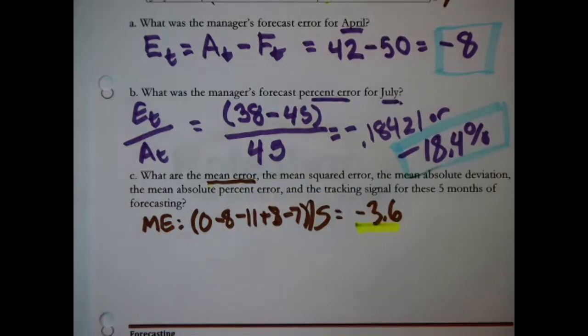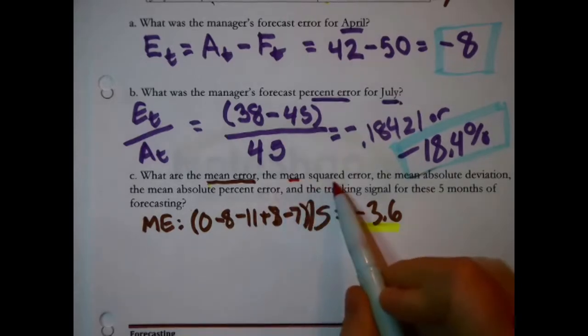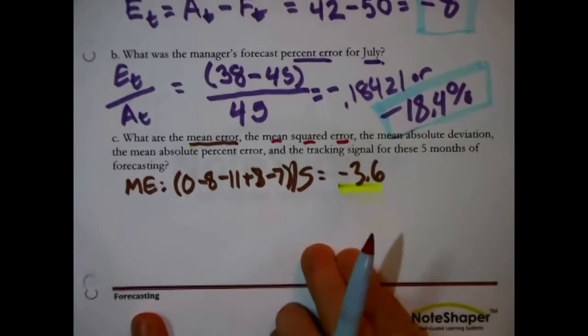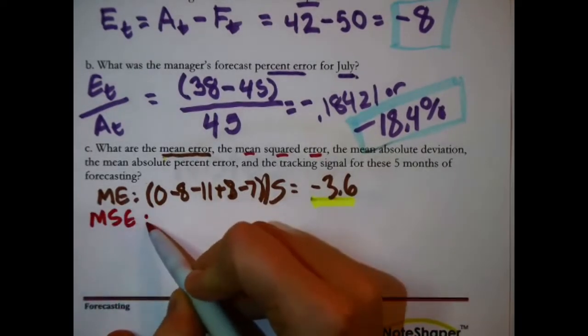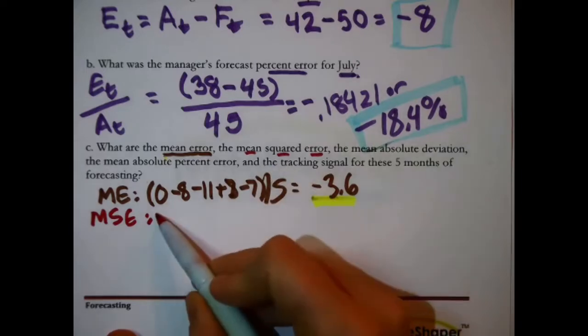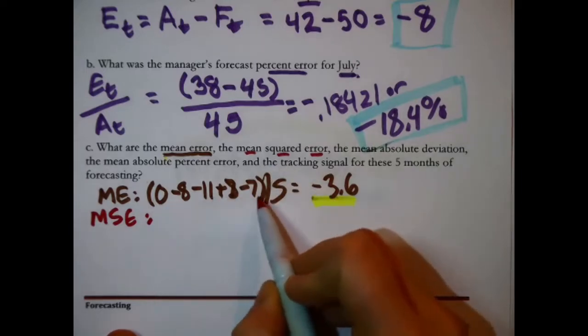Next it asks for mean squared error, or I will write MSE. Mean squared error is, let's average the square of each of these.